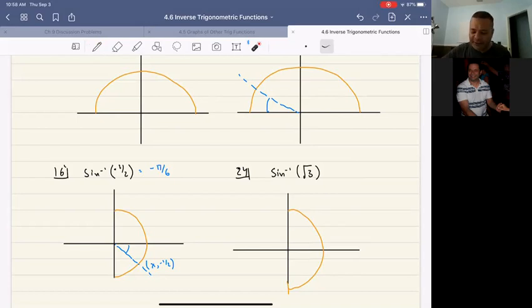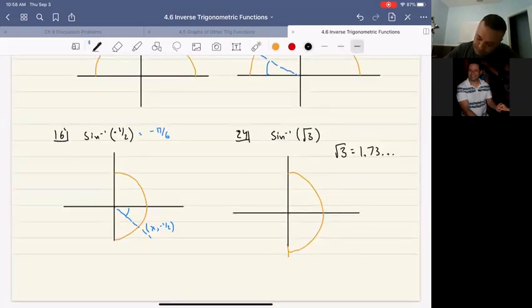It's like 1.73. That's like up here. Okay, it's like 1.7, so that's too big. I can't take the sine inverse of that number. My sine inverse, anything I can input into it is between -1 and 1. Okay? So this does not exist.